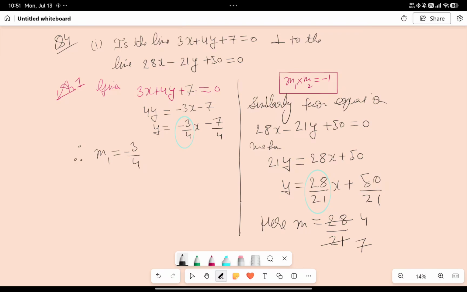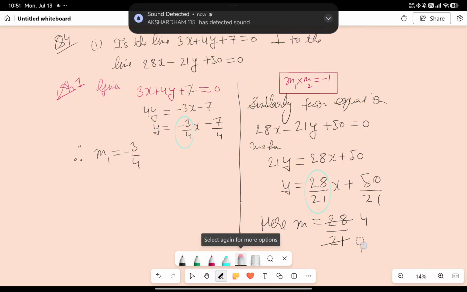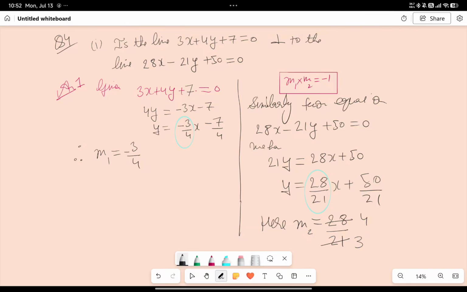Oh, 7 threes are 21, I've done wrong, so this is 4 over 3, suppose m2. Now m1 multiply m2 should be minus 1.